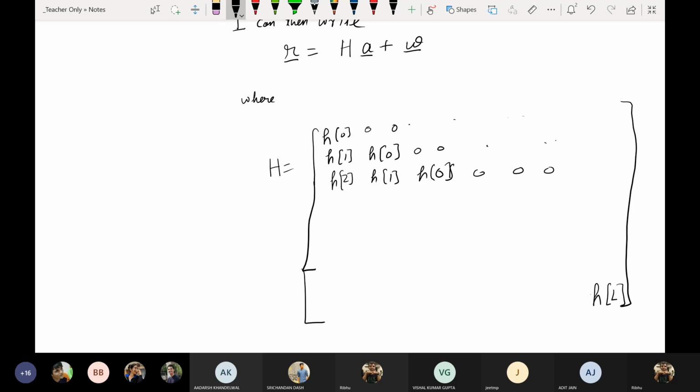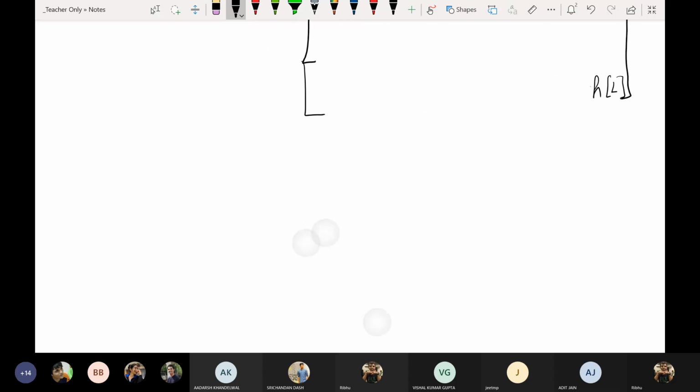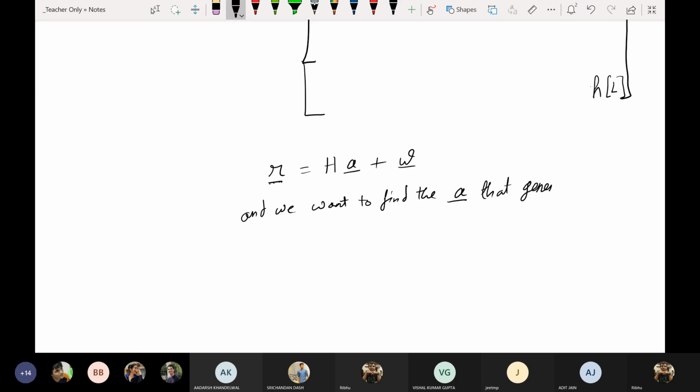I can define this matrix like this. So simply I can say r equals Ha plus w, and we want to find the a, that this.